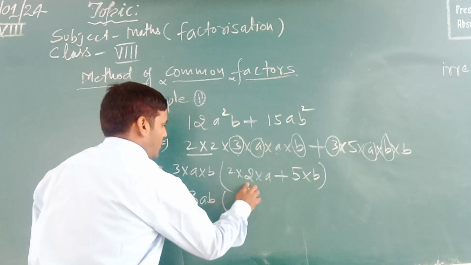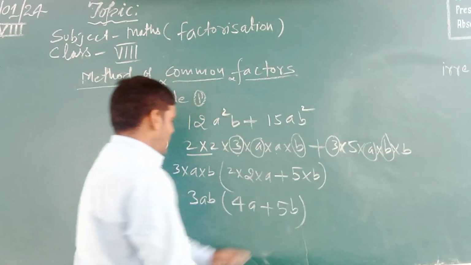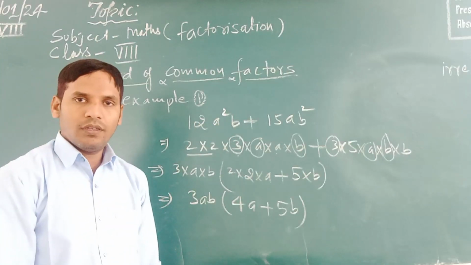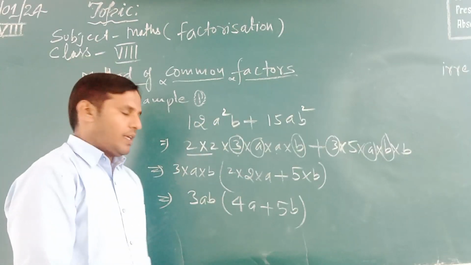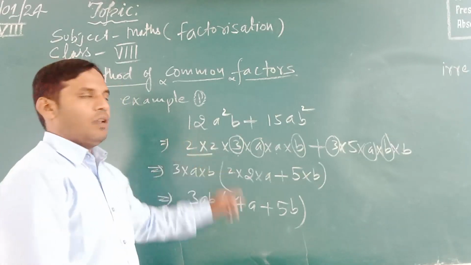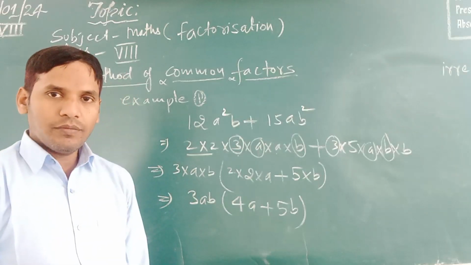And here in the bracket, 4a plus 5b is the factor of the given expression. Is it clear? So we can say 3ab in bracket 4a plus 5b is the factor of 12a squared b plus 15ab squared. Okay?